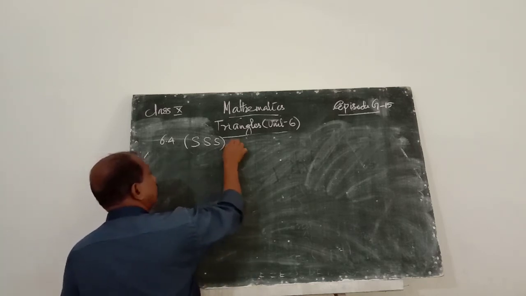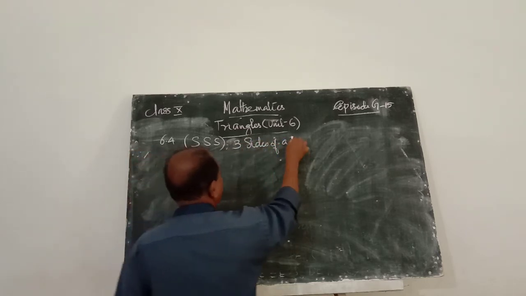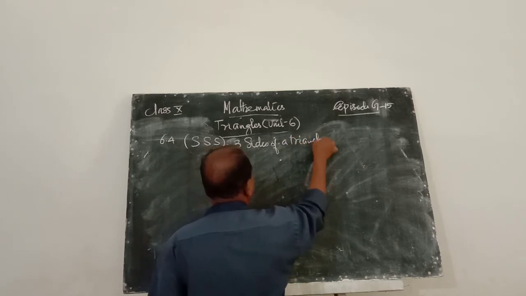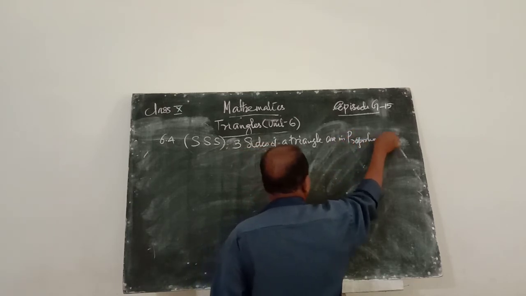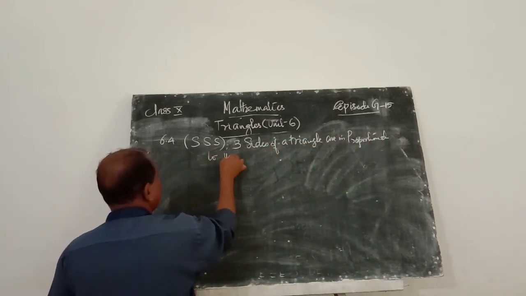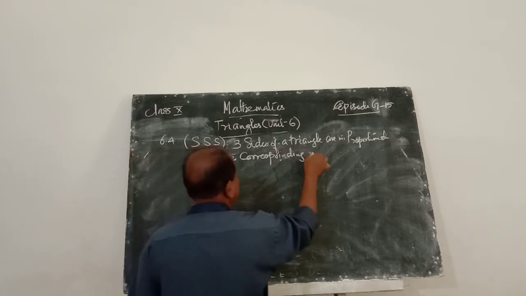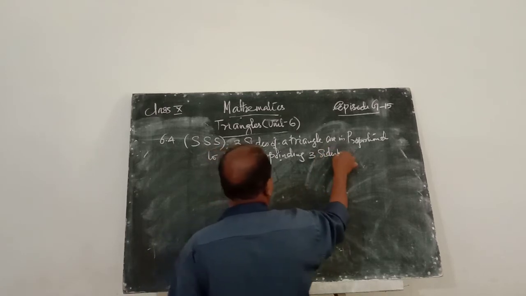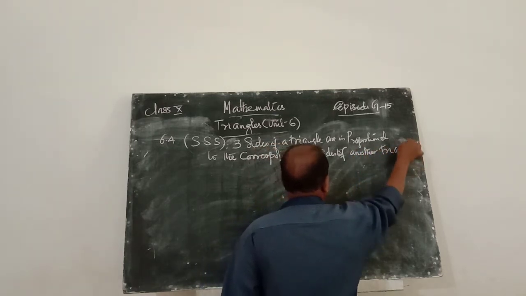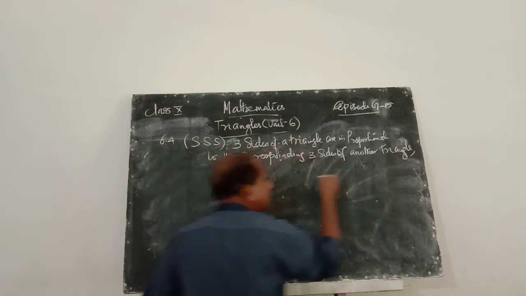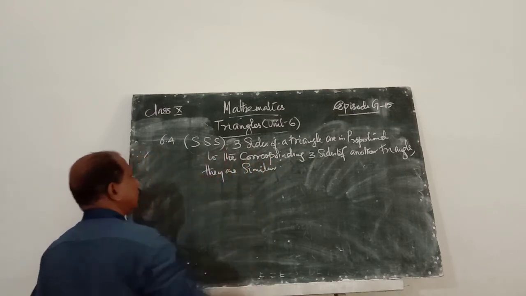That is, if 3 sides of a triangle are in proportion to the corresponding three sides of another triangle, comma, they are similar. That is the theorem number 4.